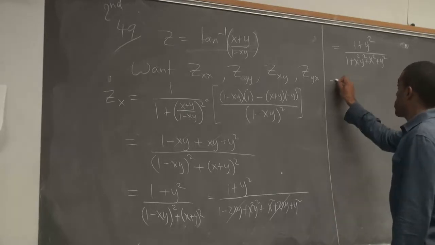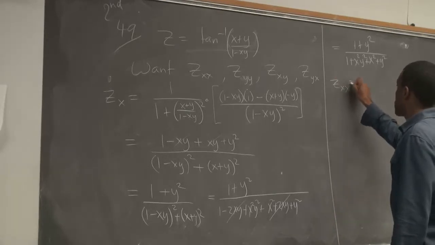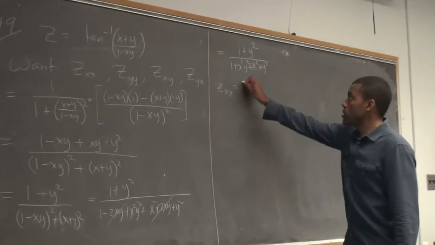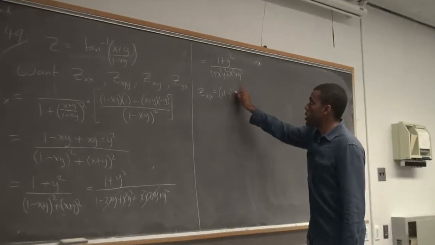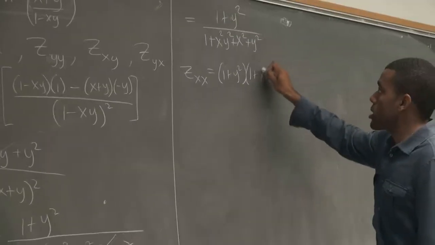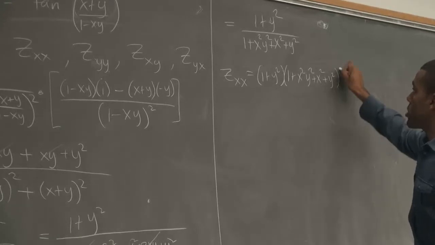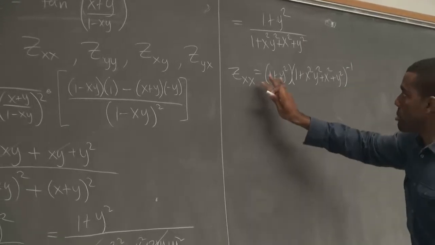Okay, and then you do zxx. How do you do that one? There's a constant on the top, so I probably wouldn't do a quotient rule again. You can think of this as 1 plus y squared times 1 plus x squared y squared plus x squared plus y squared, all to the minus 1, and then do the chain rule.